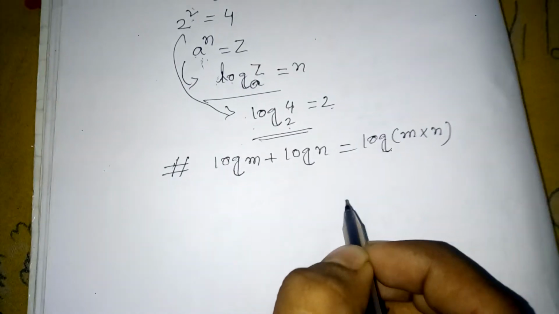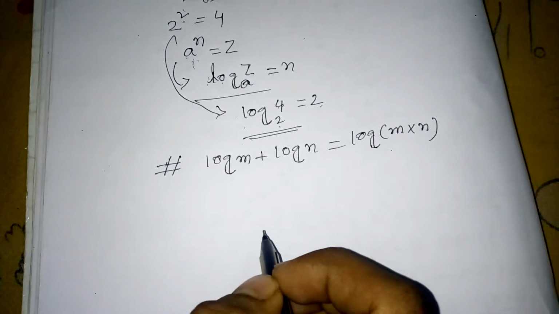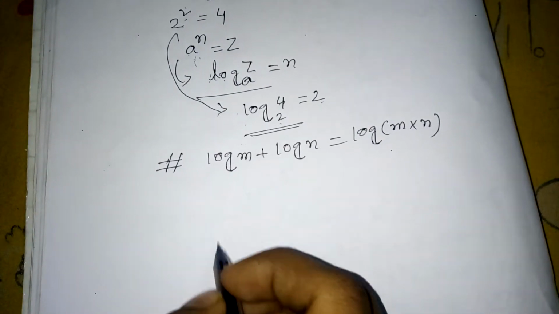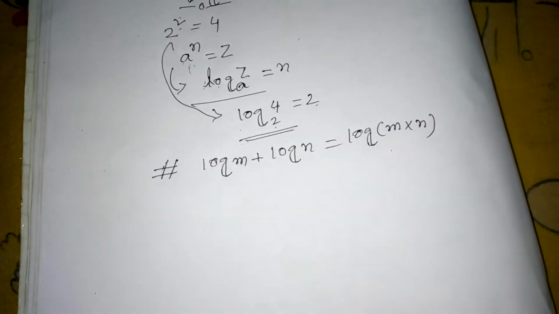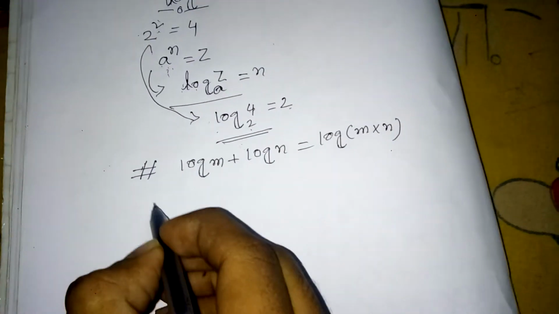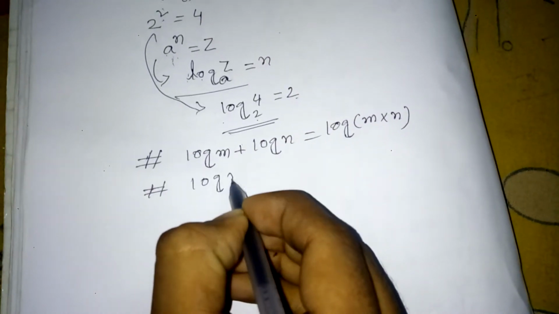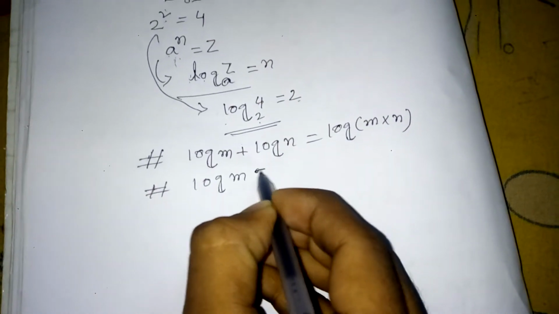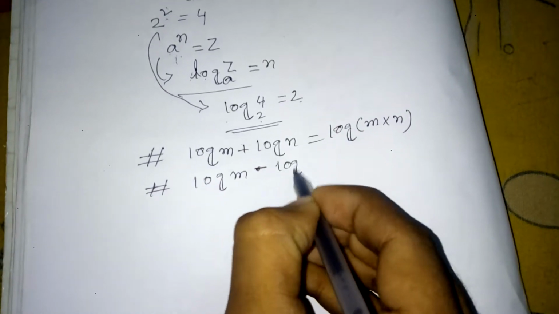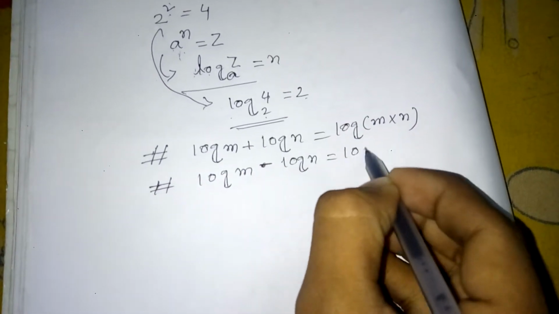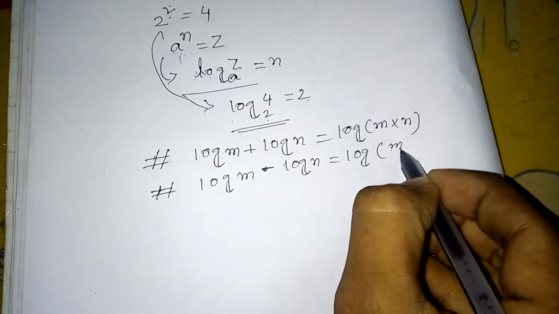This is our first formula. Our second formula is log of m minus log of n is equal to log of m by n.